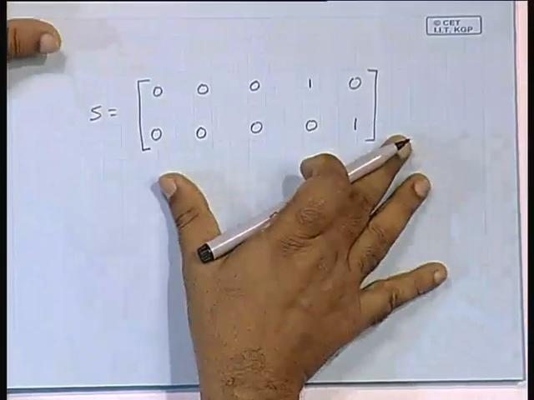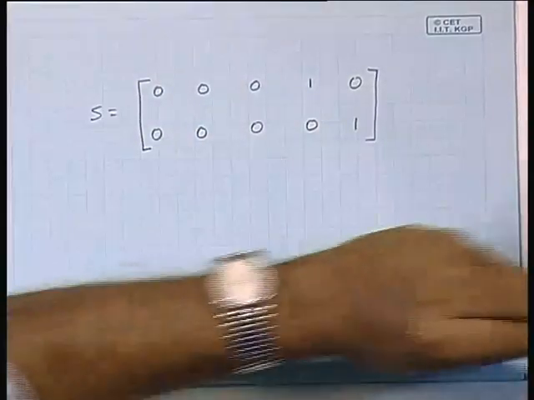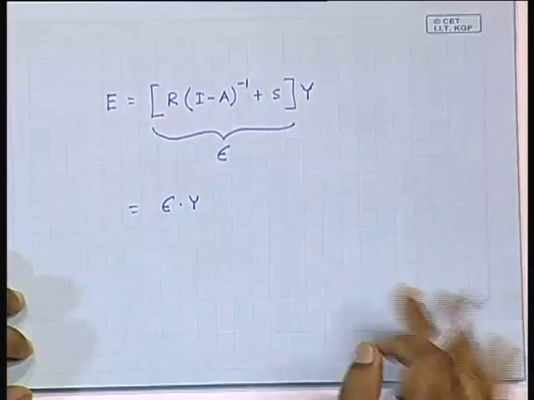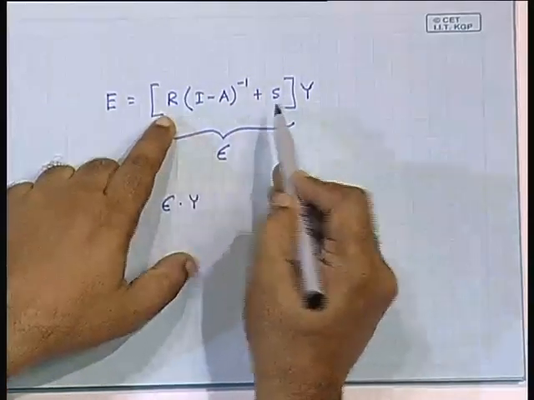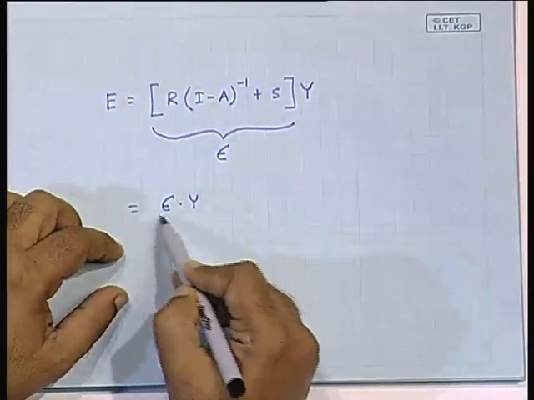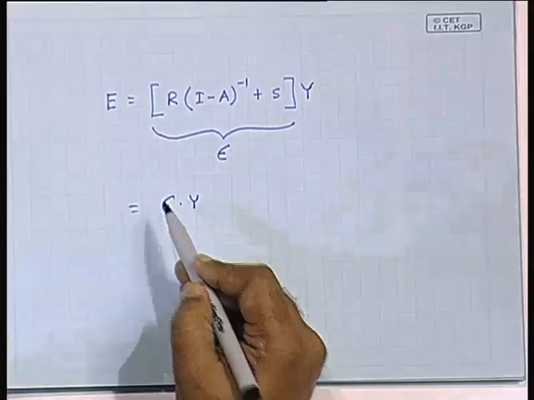Is that understood, or are things going above your head? Okay. So if this is S, then we have already written that we have everything. We can add, and we can obtain the epsilon matrix.